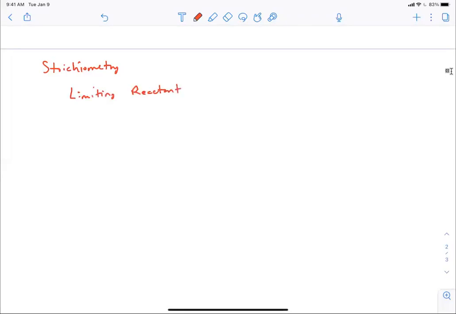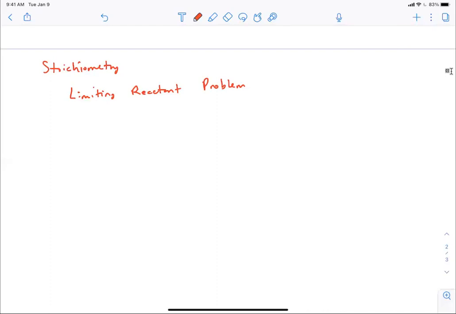The limiting reactant problem. Okay. If you're identifying a limiting reactant, what you have to remember is that if you're trying to solve for the amount of product being produced, both reactants have to go toward that product being produced. So somewhere along the way, the calculations become identical, where it doesn't matter at that point.